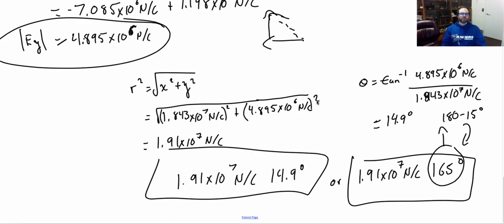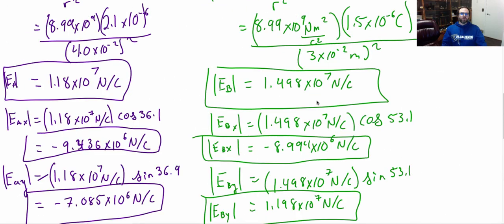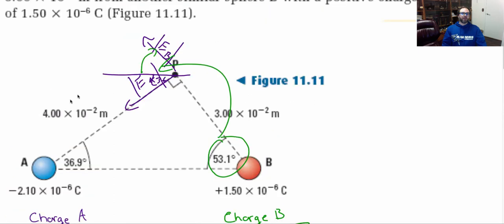So let's review what we did here. We first started off by finding what each vector is. We looked at our vector for the field of A, and then we looked at the vector for the field of B. Then I broke down the A vector into x and y, and then I broke down the B vector into x and y.